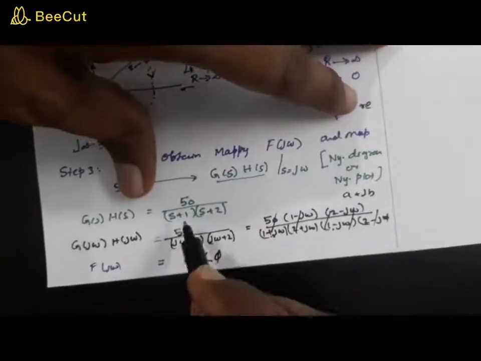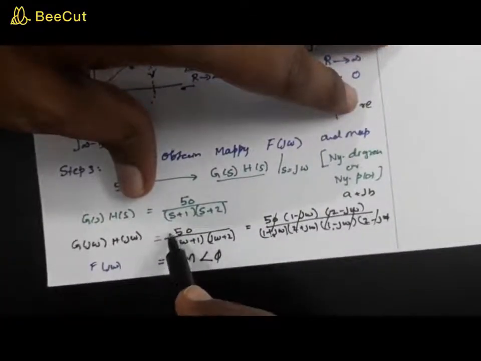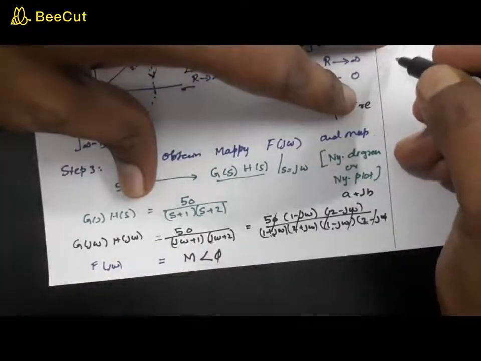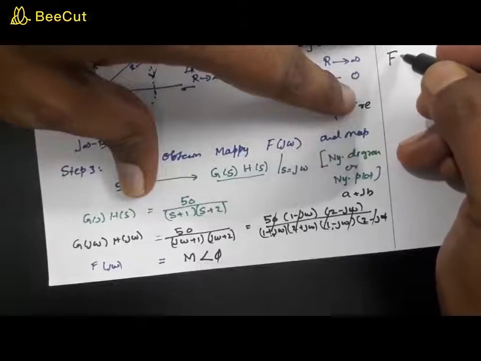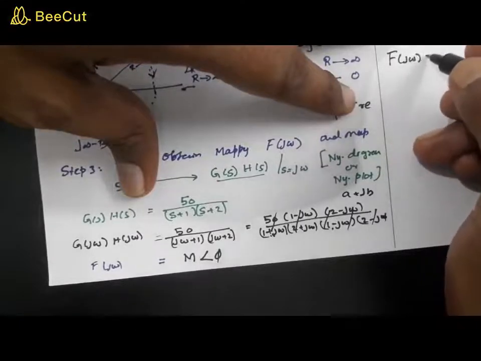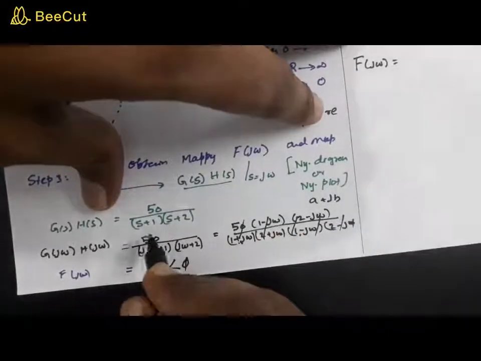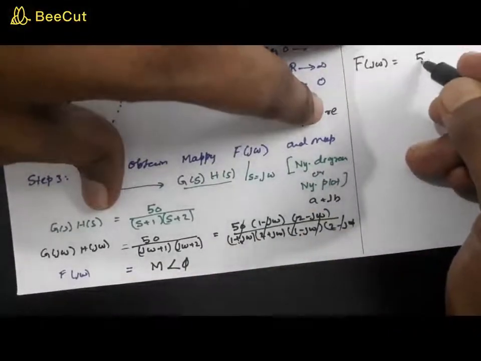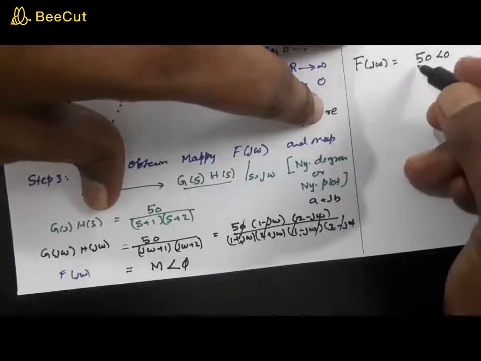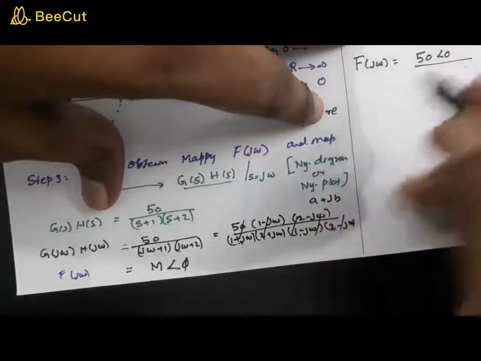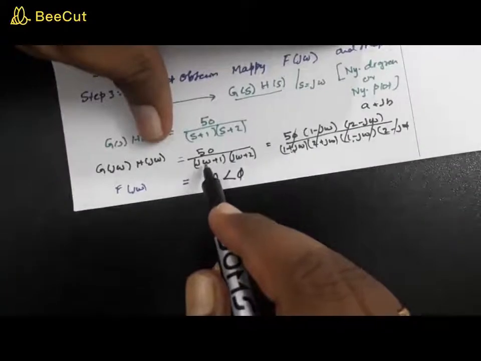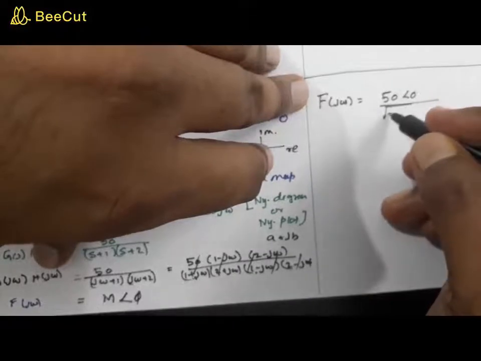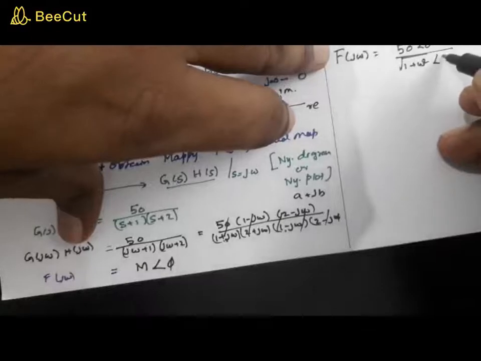How will you convert that? You can represent each term by its magnitude and angle. So f of j omega in its magnitude form will be 50 angle 0, divided by root of 1 plus omega square, angle tan inverse omega.